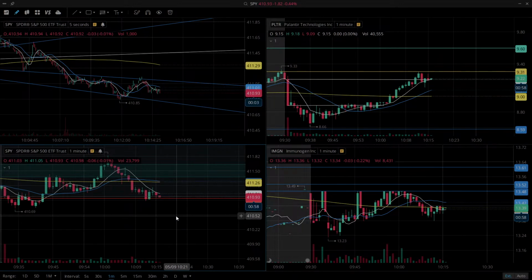Did you bring back TPX? Come on, break that 410.90. Let's go. I want to see that support fail and run right to that next liquidity zone.